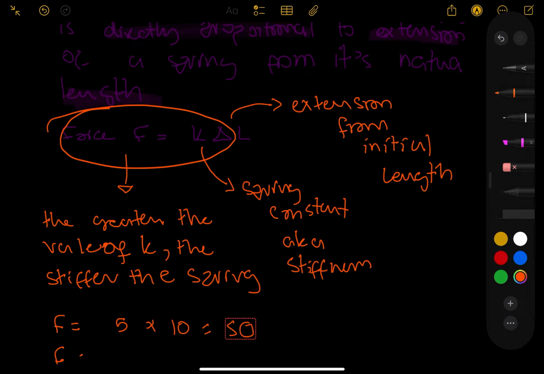However, if my spring constant is 10, keeping the extension at 10 again, then it's going to be 100. So the force required is 100 newtons.